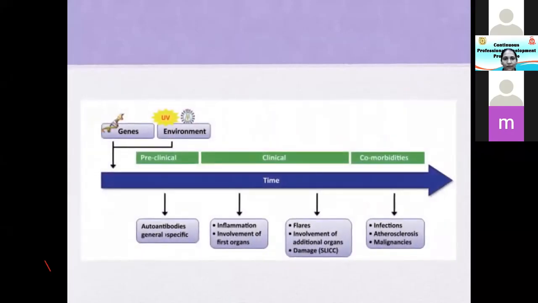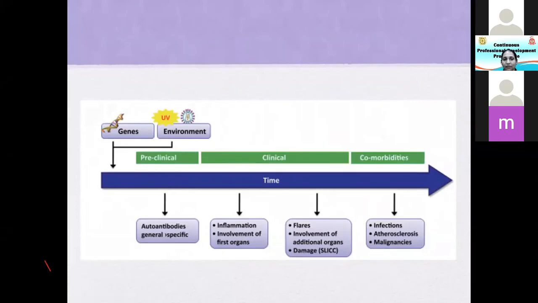So you see here, we have the genetic predisposition along with other environmental factors, where the patient is in a preclinical stage, the autoantibodies are there, and with the right factors, they will move on to the clinical phase.